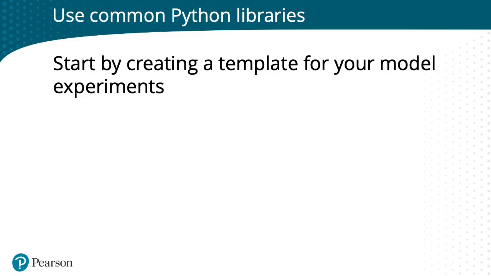So one of the things you might do when you're starting out your model experimentation journey is start by making some kind of template for your model experiments. There are some common things that you'll need regardless of what experiment you're running.